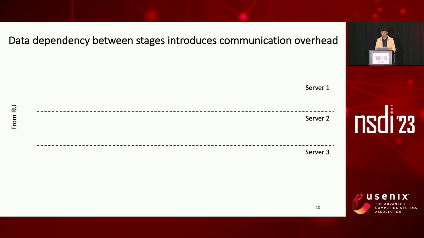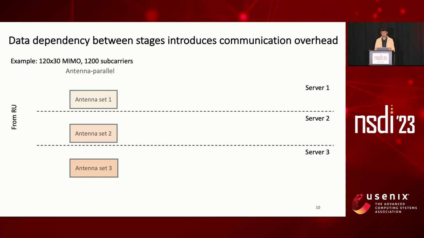To understand how Hydra optimizes inter-server communication overhead, let's look at how the design of BigStation suffers from inter-server data communication overhead. The first overhead comes from the data dependency between adjacent stages of the pipeline. Let's take a hypothetical example where we have 120 antennas and 30 users with 1,200 subcarriers, and we are running on 3 servers.